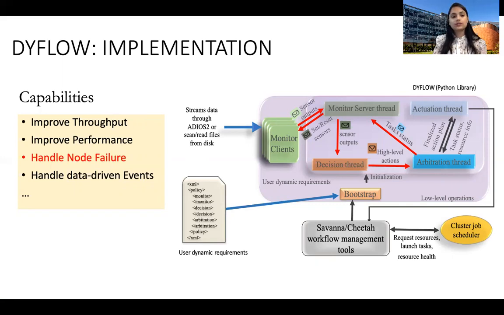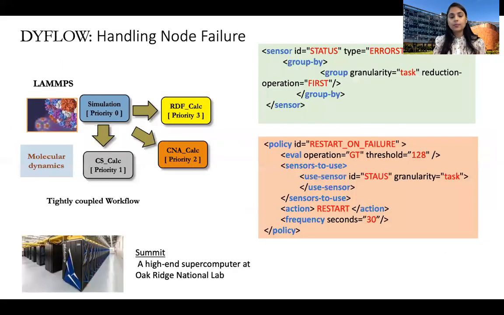This scenario is simple to explain and very relatable. In this scenario, we used the molecular dynamics LAMMPS code where the simulation was tightly coupled with 3 different analyses. The experiment was run on Summit. And to accommodate the node failures, we set up a sensor that reads the error status of the task and collects it for the first process.